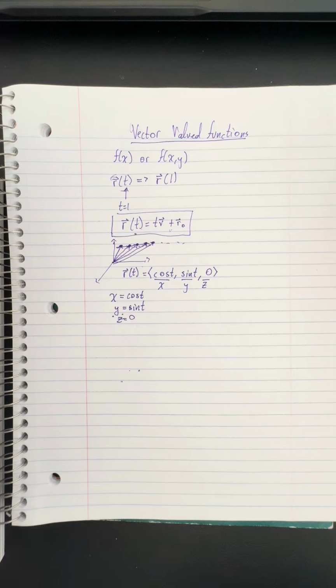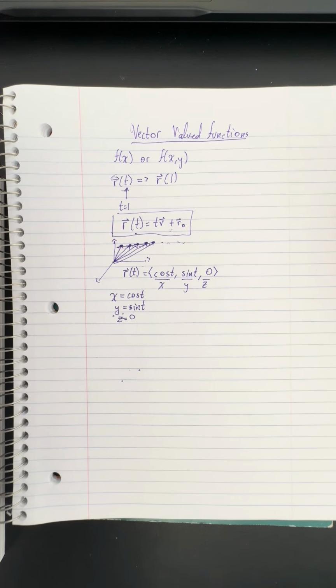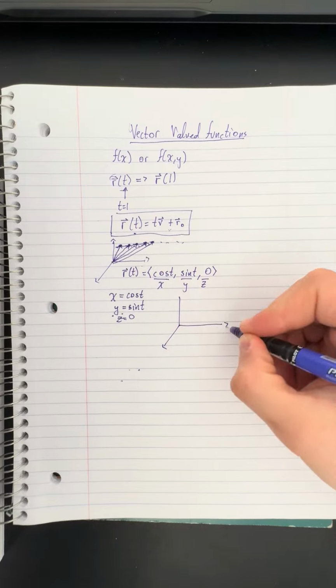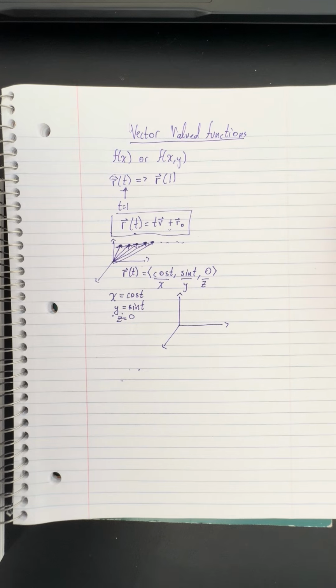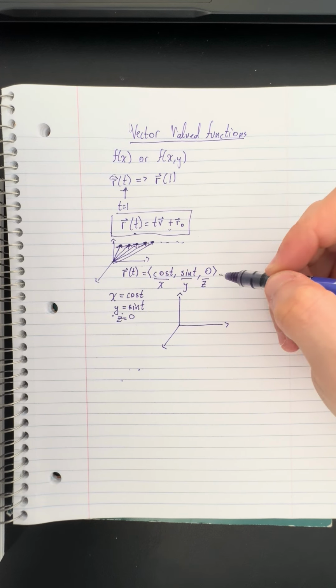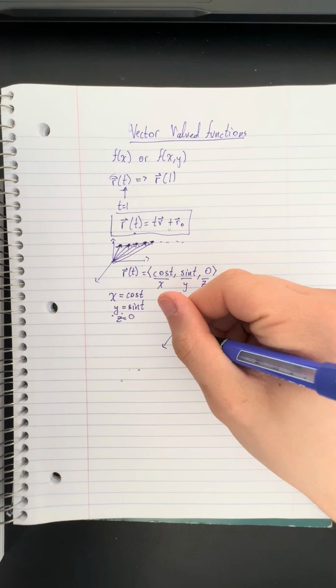To figure out what this is, you could just plot it, right? If you were to plot this, you'd say, okay, t equals 0, what are we going to get out of that? We're going to get 1, 0, 0, so that's here.